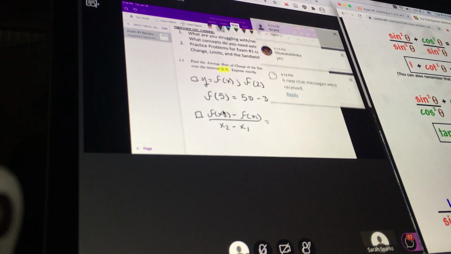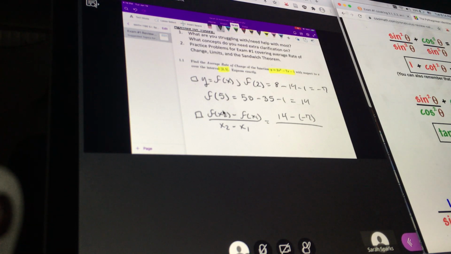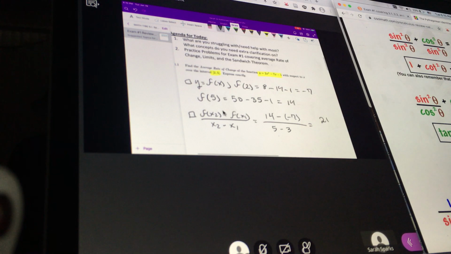So now plugging this in, it's going to be 14 minus negative 7. Don't forget to wrap your negative numbers in parentheses so you don't forget. And x2 is 5 minus x1 is 3. So that's going to be equal to 21. 14 plus 7, negatives cancel. It's 21. 5 minus 3.